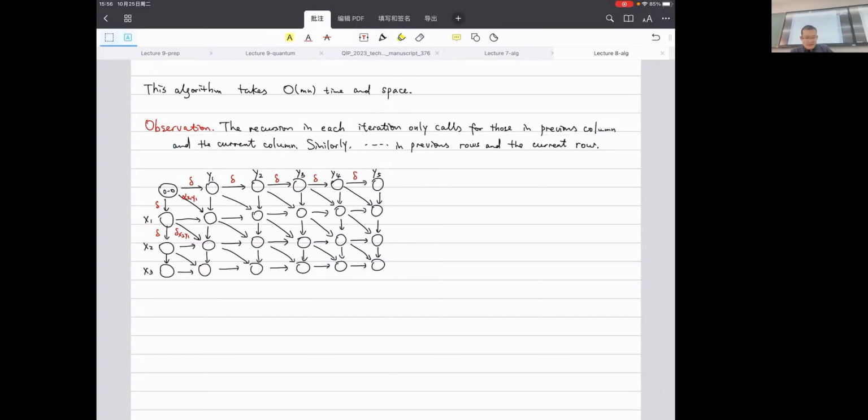Okay. So this is one observation that we have, and let's also summarize it. The trick is that we store a layer and compute the next layer from top to bottom.